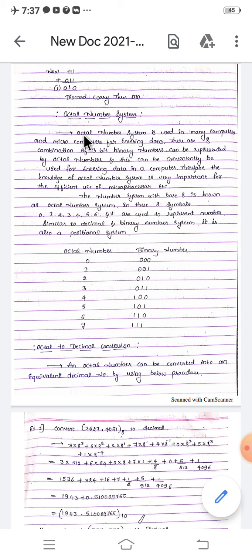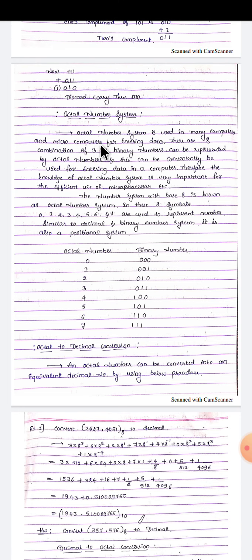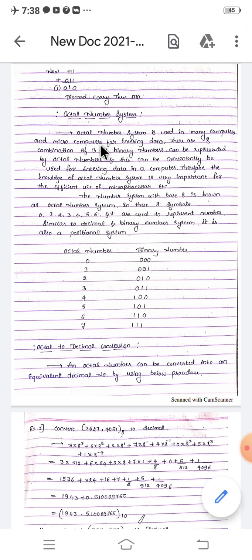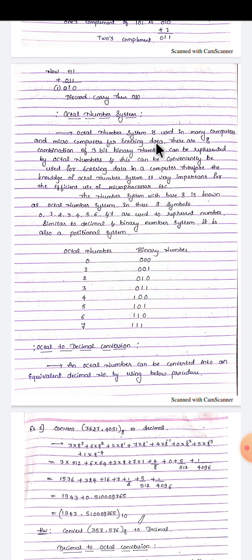So see here, the octal number system is used in many computers and microcomputers. This chapter, digital electronics, is there for computer science students also. The computer science chapters also contain digital electronics, the same as here. So the octal number system is used in many computers and microcomputers for entering data.